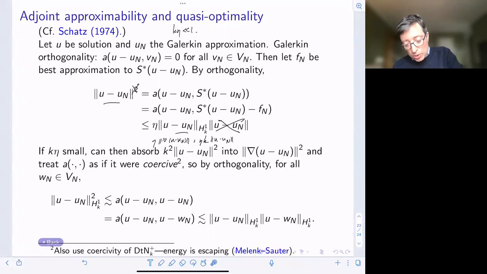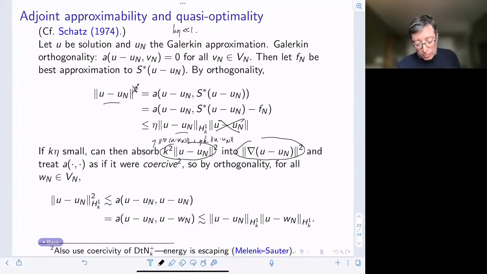And now if eta k is small, this term is small, and I can absorb it on the left. So what I find is that the piece of the H1 norm that involves the L2 norm is much smaller than the piece that involves the gradient. So this thing is much smaller than this.